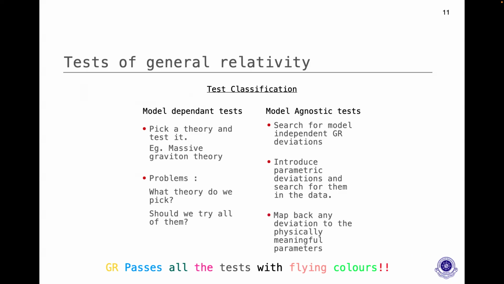Now, if GR is correct, then those deviation parameters are expected to be 0. If you find something other than 0, then you will think, okay, there is some deviation, and then you basically have to backtrack to where the deviation is coming from, and maybe to a particular theory which can give rise to that kind of waveform model. But I'll tell you, so far GR has passed all the tests with flying colors.